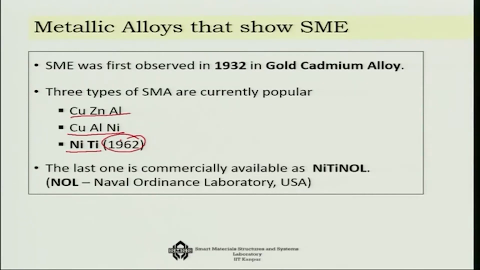The last one, NiTi, is commercially available with a name called nitinol, that is Nickel Titanium Naval Ordnance Laboratory of USA, who actually discovered this particular shape memory effect in this material.